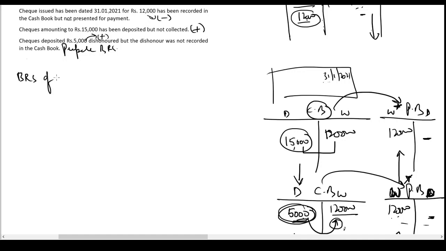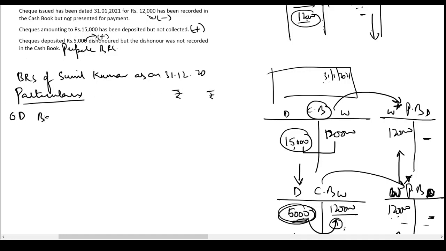BRS of Sunil Kumar as on 31st December 20. Particulars, rupees. Overdraft balance as per cash book. The overdraft balance as per cash book was 1,20,000.